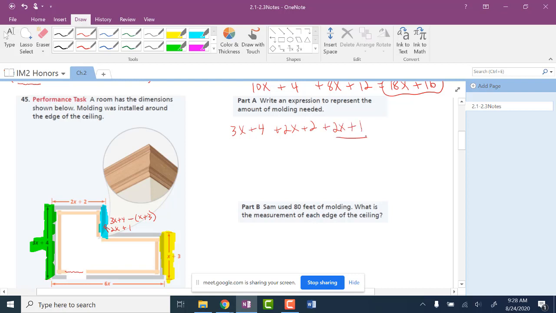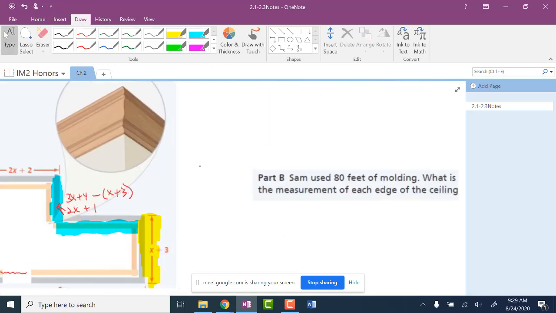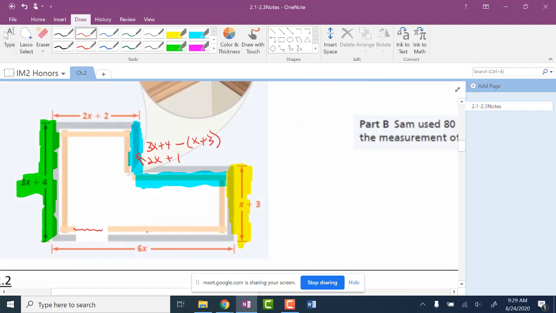So this would be the biggest mistake, people not figuring that out, that I'm missing that little component. Oh, my bad, I forgot another part. This is missing. Yikes. I almost screwed that up. It's going to be the same reasoning, though, for that blue. It's 6x, this whole thing, minus this 2x plus 2.